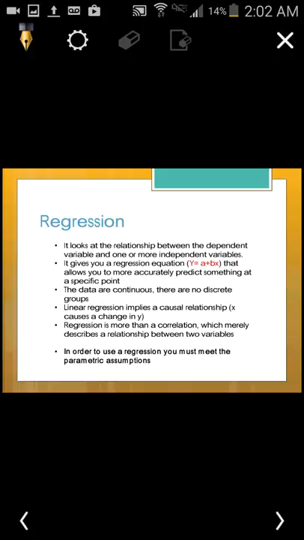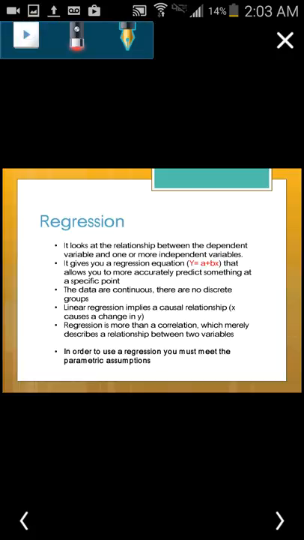So this is a relationship between the dependent variable and one or more independent variables. It gives you a linear regression equation, y equals mx plus b. In the lecture, a would be b, m would be b, and x would be x. He's got that formula wrong. I don't know why he did that.